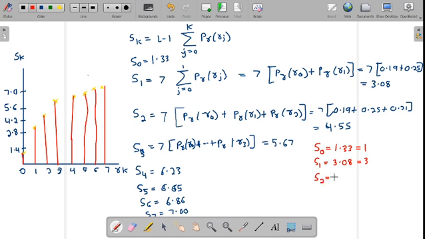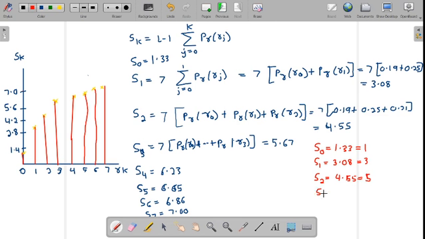Next, S2 is 4.55. Even if it is equal to 5, you round it off to the next number, so 5.